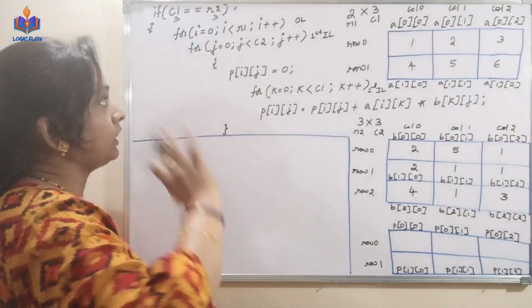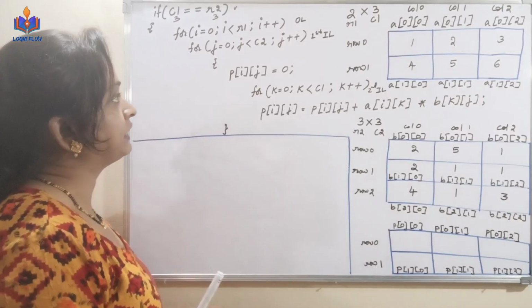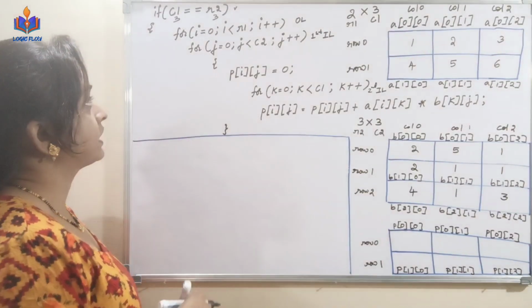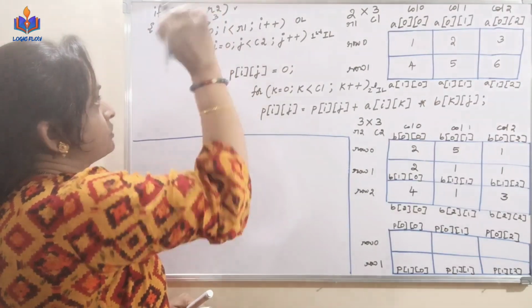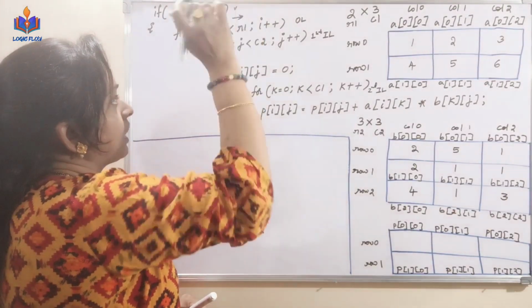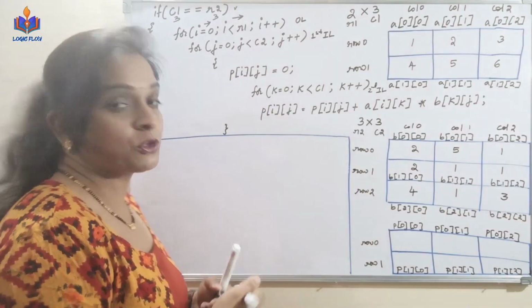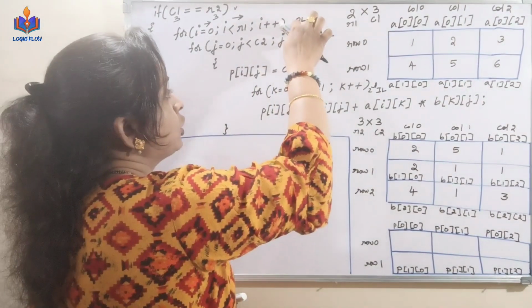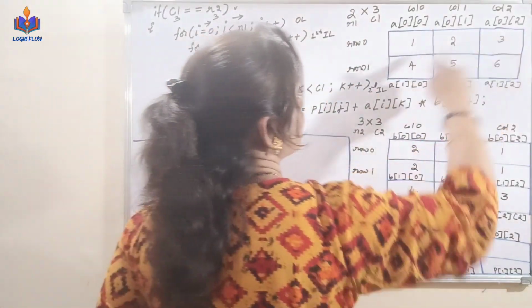Well, let me start the loop and I'll write the iterations here. Now I say i equal to 0, i less than R1. Let me tell you the purpose of all these loops, and then I'll start. The outer loop takes care of the number of rows.